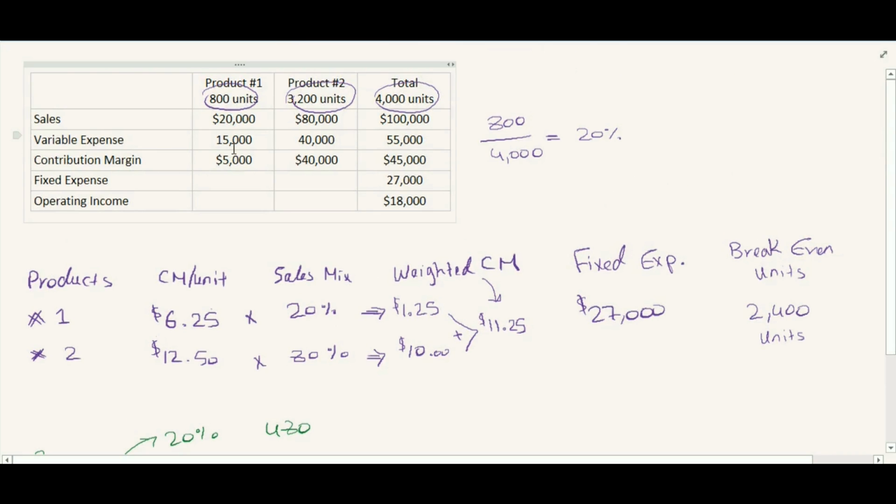So to get the selling price of product number 1, we'll take the total sales of $20,000 divided by 800 units, and that will give us a selling price of $25 for product number 1, and for product number 2 it's 80,000 divided by 3,200, and it will be 25. So the same price for both products.